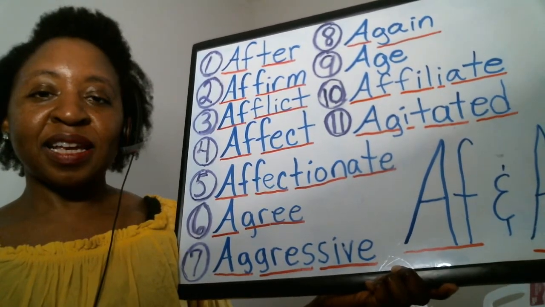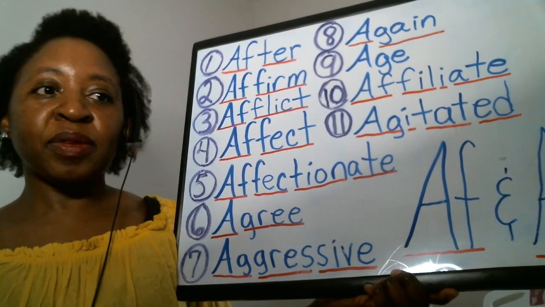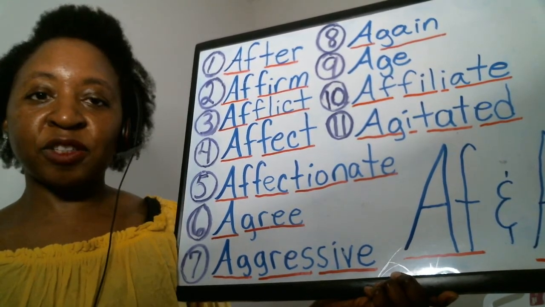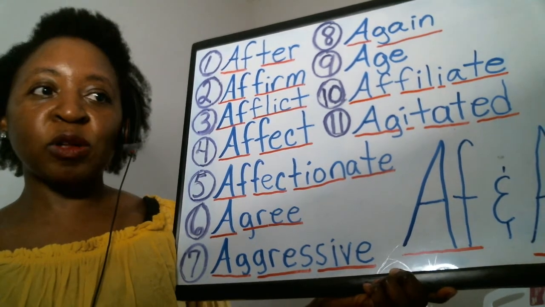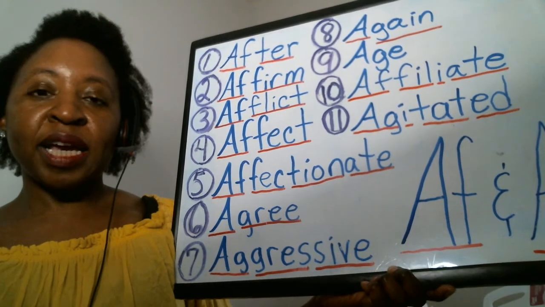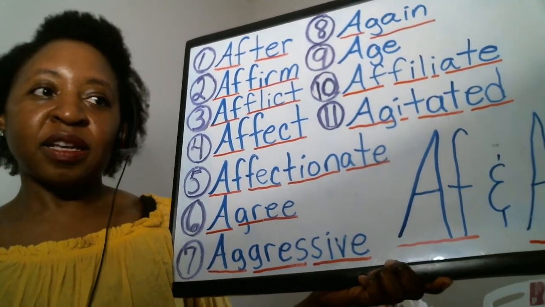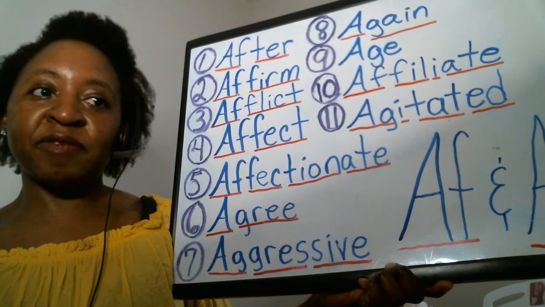So affect can have 2 different meanings. It could mean to make a difference to something, such as in the first sentence, the mold began to affect their health. Or it can mean to move someone emotionally in the second sentence. The hardships he experienced affected him deeply.